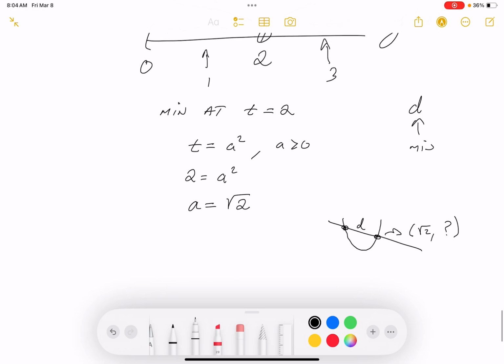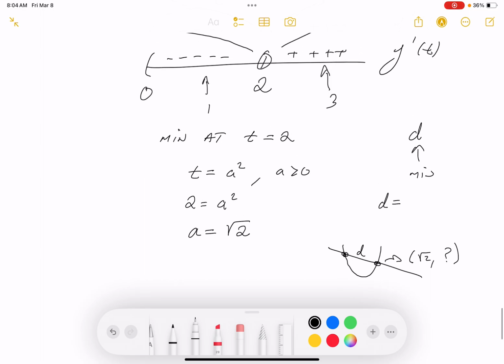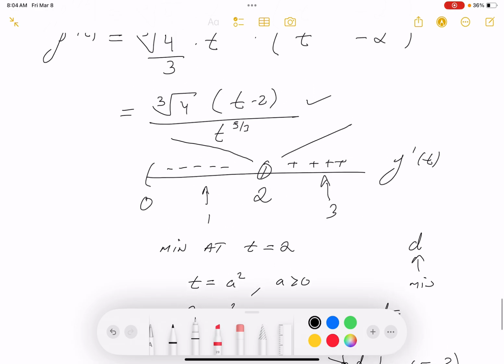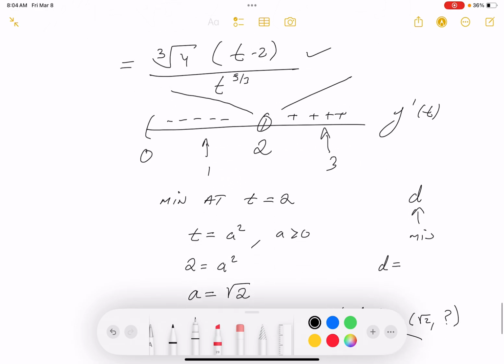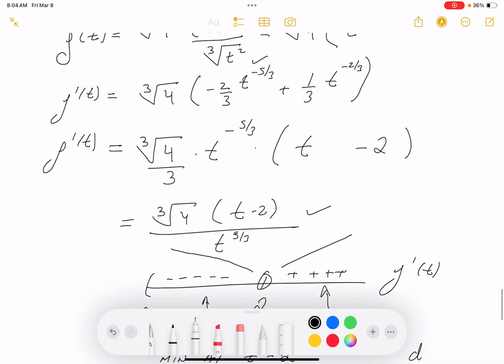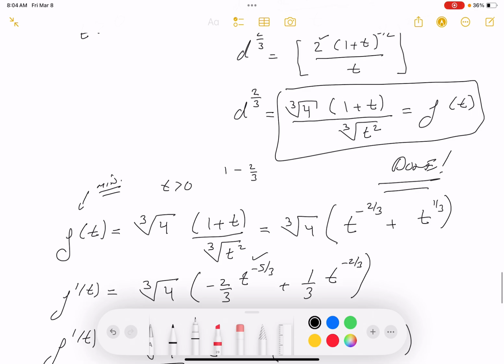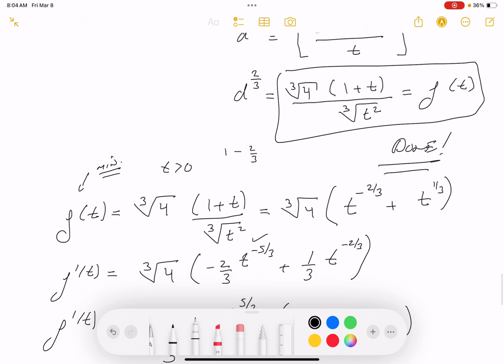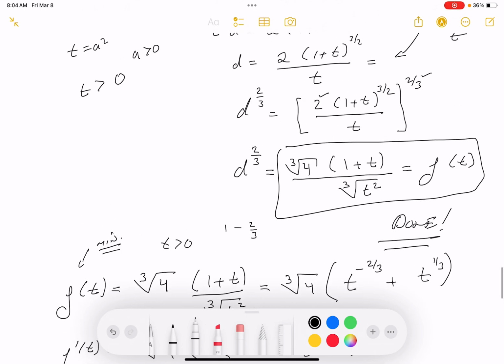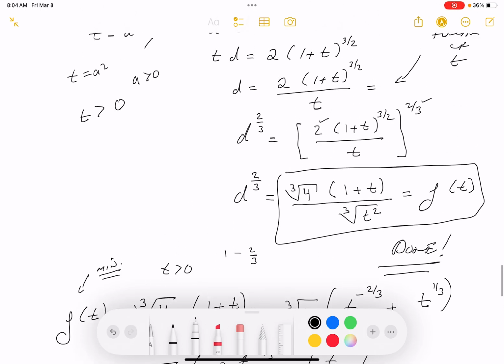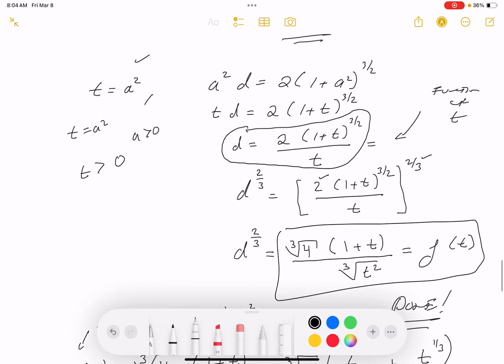And the d, let's see if we can do that. I got to find out where that is, by the way. Yeah, it's not that bad to do, by the way. And I'm actually going to use this over here. And the t is equal to a squared. I'm not going to use that one.